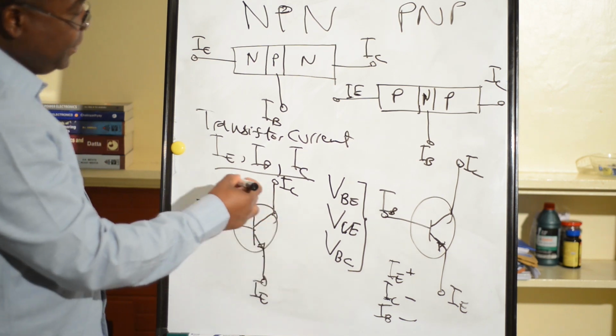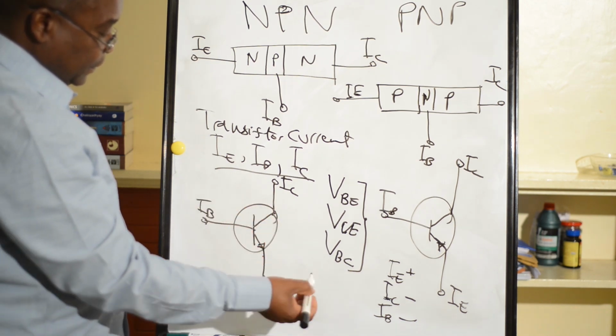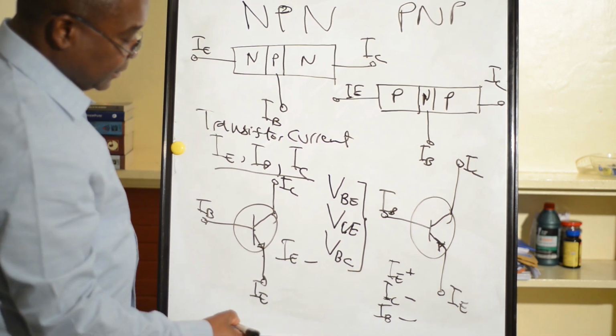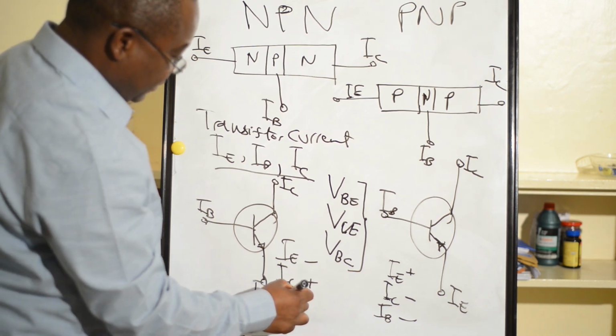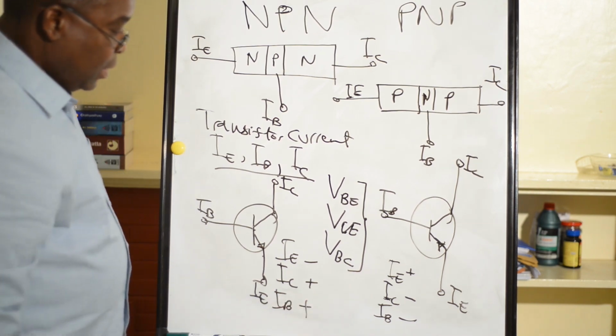Here, in NPN, the arrow points outward. The IE will be negative, but the IC will be positive and IB will be positive.